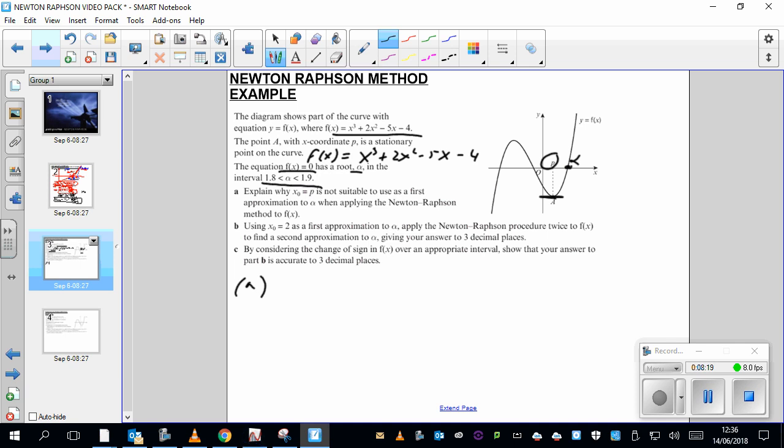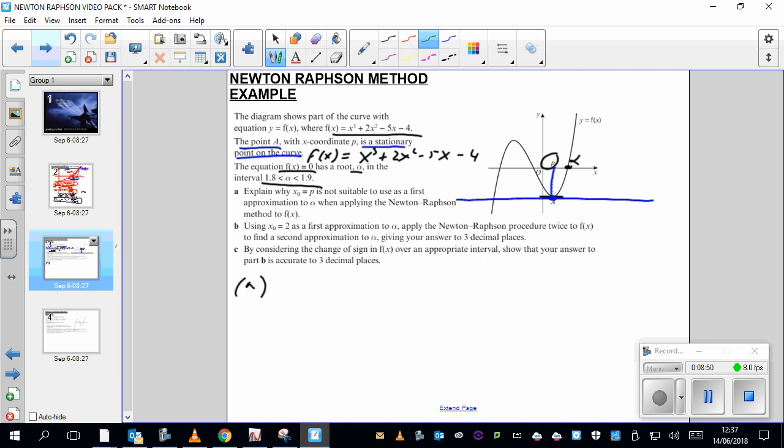So this is jumping the gun on why this method isn't good in particular situations, because if I take that point P here, this is the stationary point. Remember, it's telling us that point P is a stationary point on the curve. So if I draw a tangent to a stationary point, you can see that that tangent's never going to cross the x-axis. So therefore, I'm never going to generate a new value of x, and it's just going to give me a maths error.